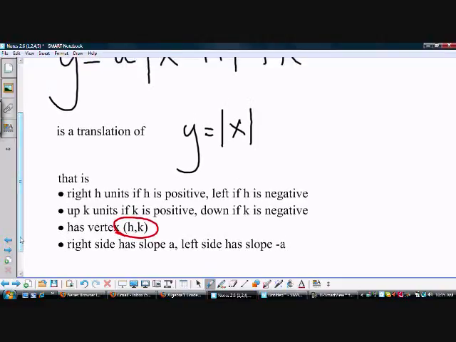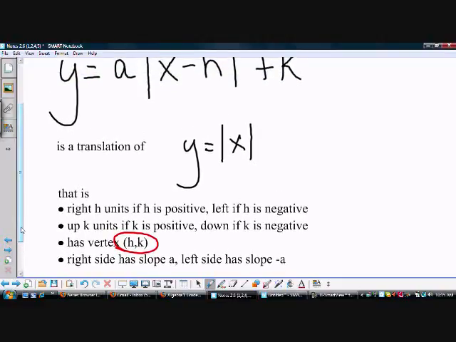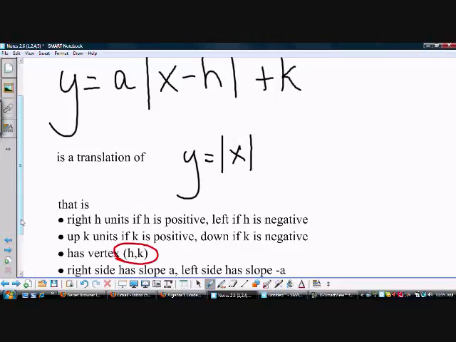And the slope is represented by that letter A. So the slope of the right side of the V is going to be that letter A, and the slope of the left side of the V is going to be the opposite of A.